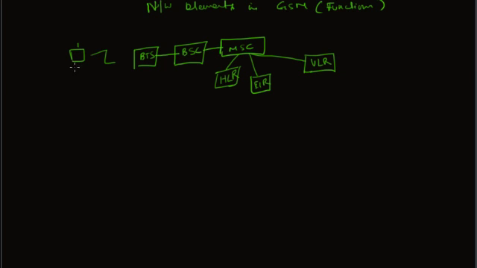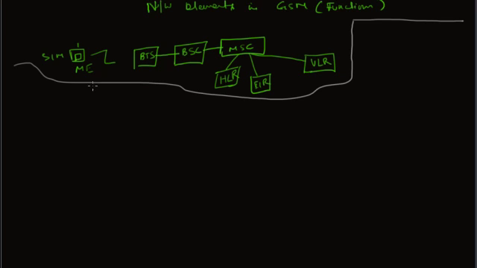This is a mobile equipment. It has something called a subscriber identity module, which is called a SIM. So let's go one by one and describe the network elements in the architecture.